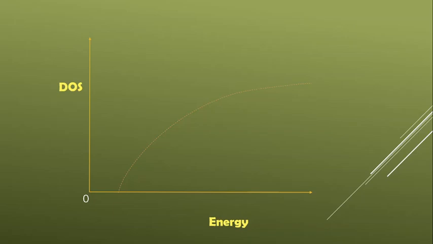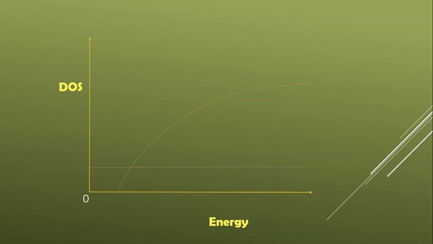And for the two-dimensional system, we already saw the value of density of states equals m star by 2 pi h cross square. So it is going to remain constant. It is denoted as a straight line parallel to the x-axis. That is, even if the energy keeps increasing, the density of states will remain constant with energy.